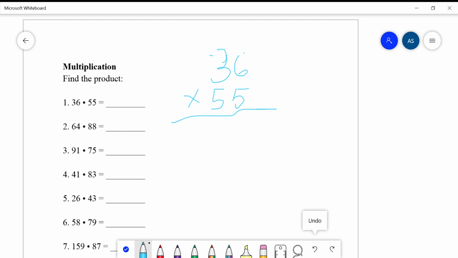And it does not matter what number goes on the top, so you could write this 55 times 36 and it would not matter at all.